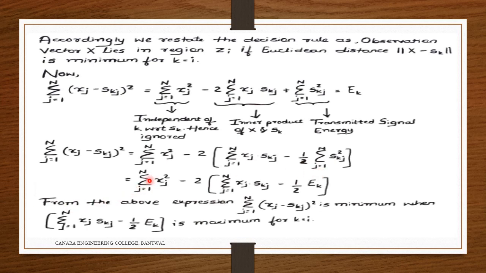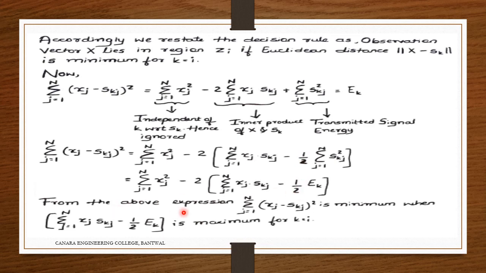That is equal to the summation of j equals 1 to capital N of (xj) squared, minus 2 times the summation of j equals 1 to capital N of xj into skj minus half into Ek. This is what we have subtracted from here.